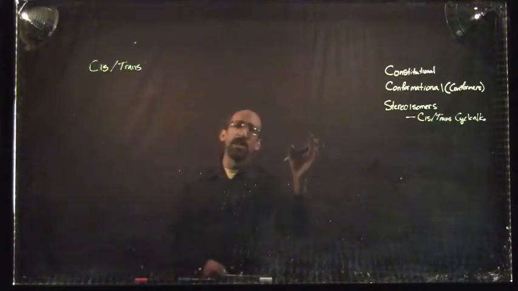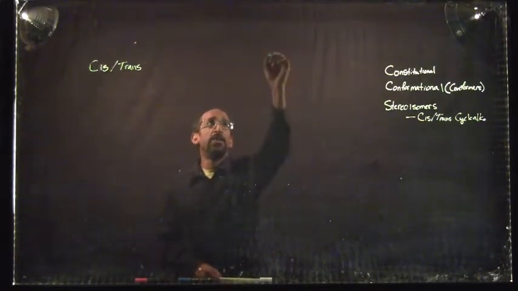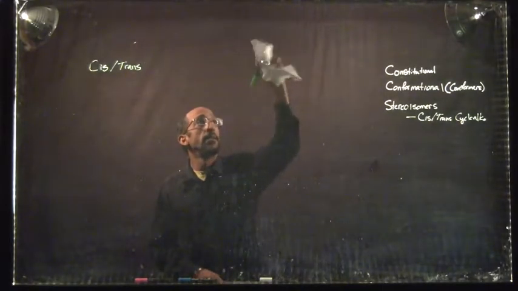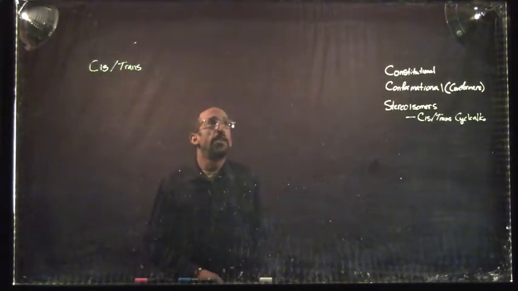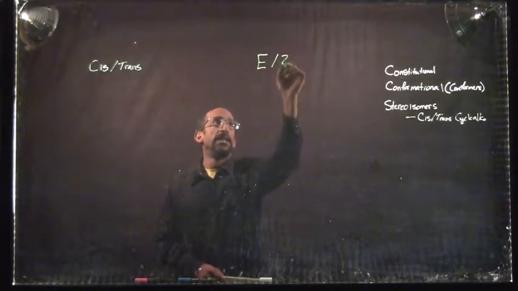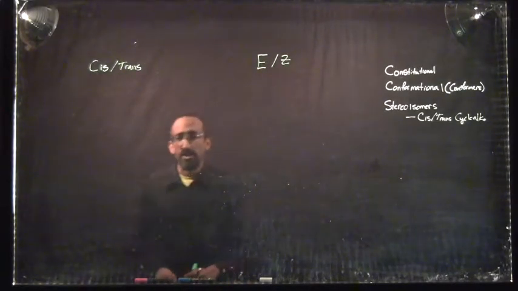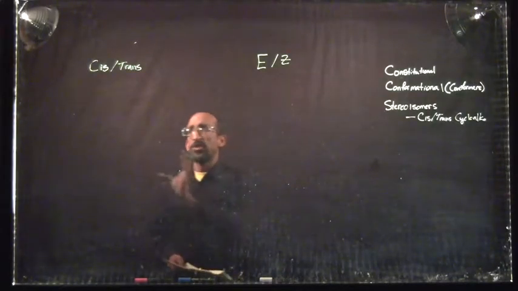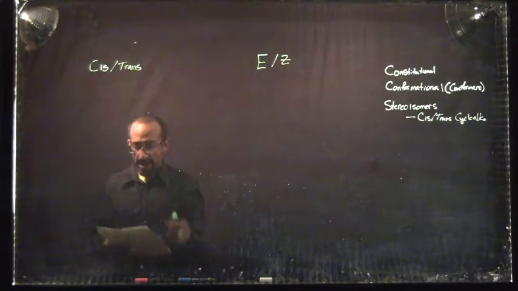And the other nomenclature that we'll see in a little bit is known as E and Z nomenclature. So to begin, let's just focus on cis and trans for an alkene.